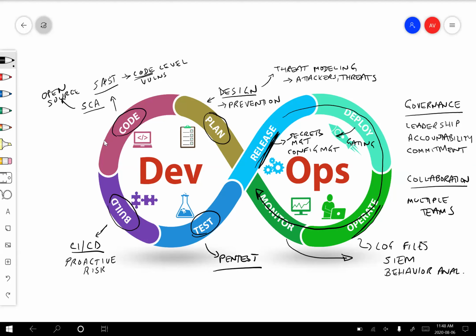What I'd like to do now is, having described integrating security into DevOps and looking at a DevSecOps model, talk from a governance standpoint, Ihan, about metrics as well. So we talked about leadership, accountability, commitment. From a metric standpoint, on the one hand, we have feature releases. How many features did we release? That may be important to a business because they want to monetize those features.